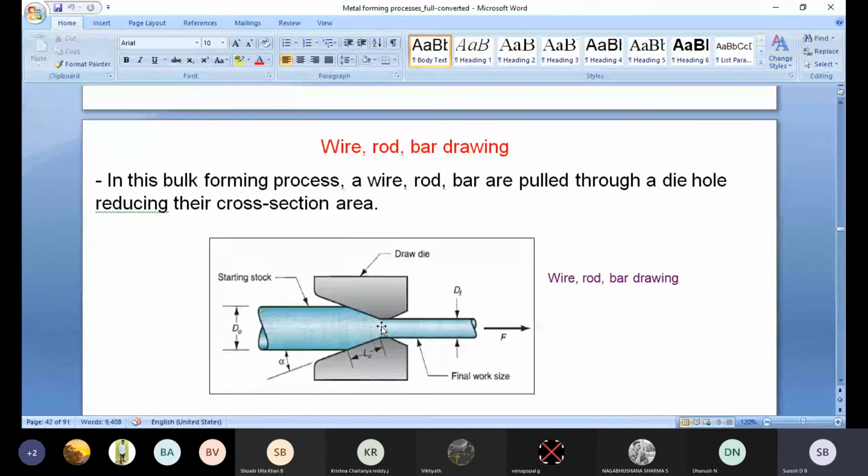Once you push the material, the entire material is compressed and moves in between the two dies. But in a drawing process, there is no container.